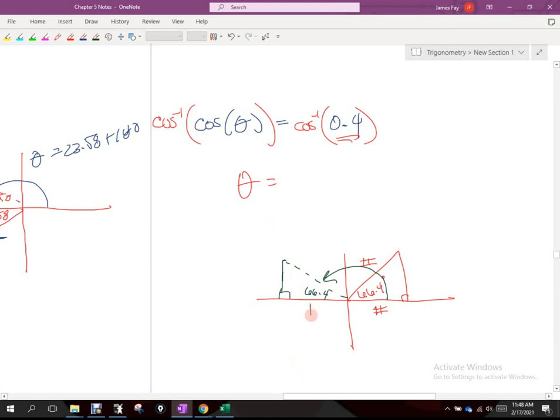Well, Jim is saying no, because that side right there is going to be negative, right? That number right there is going to be positive. So the cosine of that theta would be negative 0.4 and not positive 0.4, like what the question was asking.